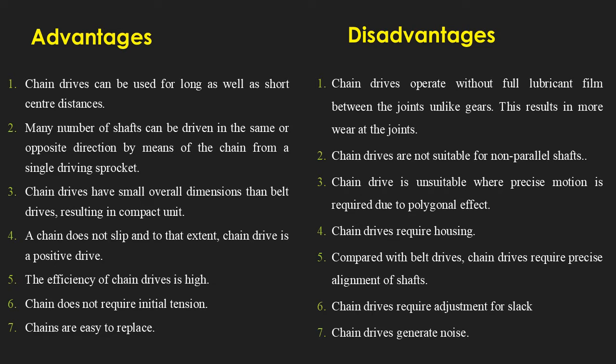Proper maintenance and regular lubrication need to be present in these types of chain drives, or else it will result in the generation of noise also. Without regular lubrication, impacts will be more and wear will be more, and if wear is more, the chain will leave the sprocket teeth. So these are certain merits and demerits of the chain drives.